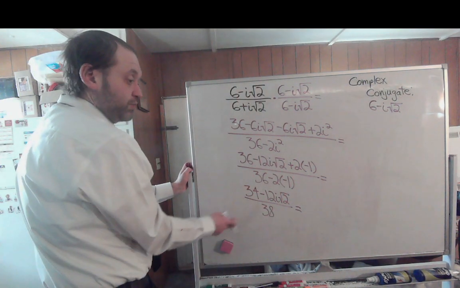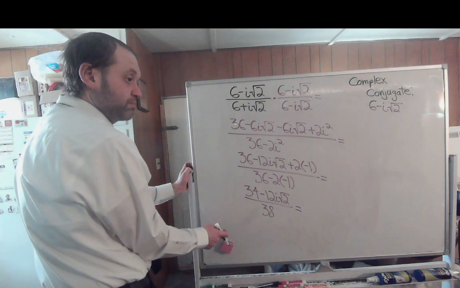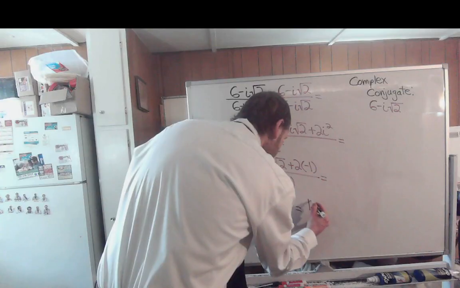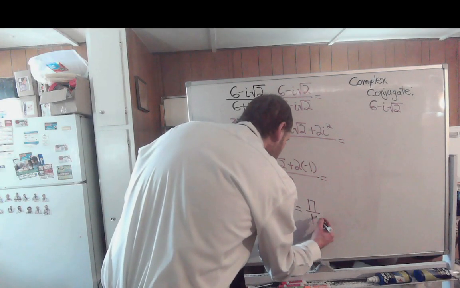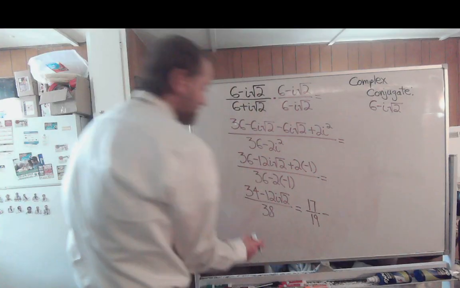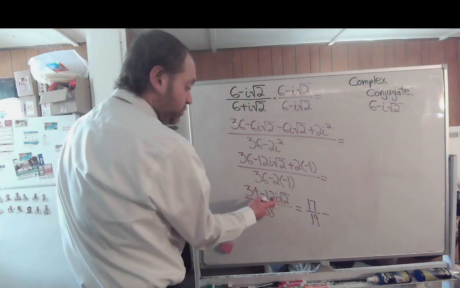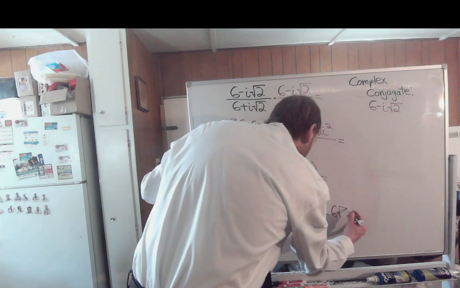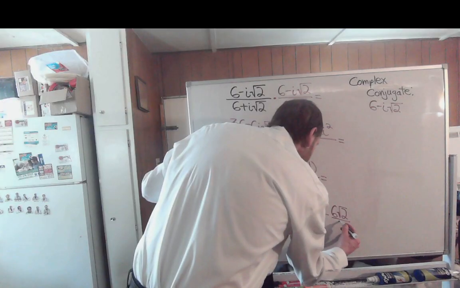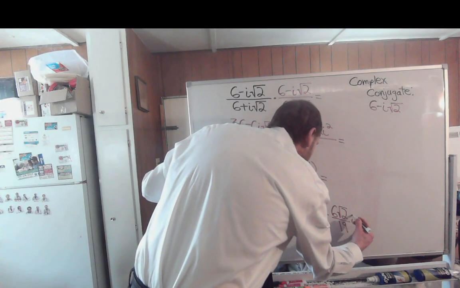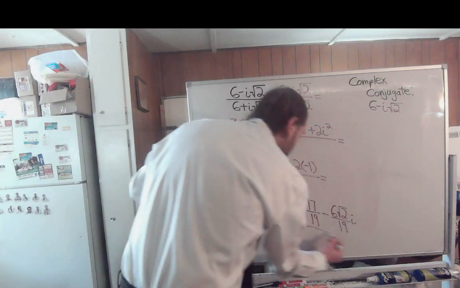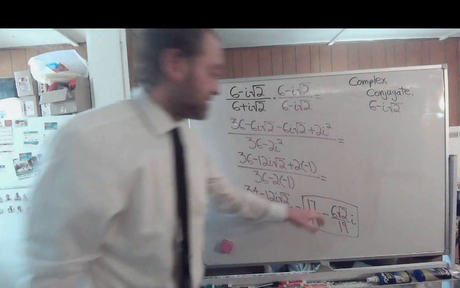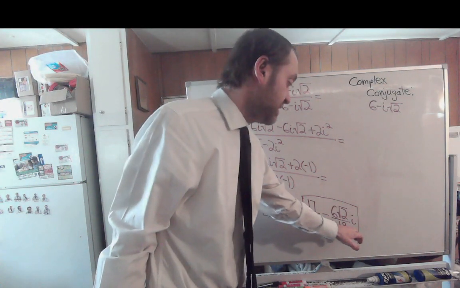So for the real number part of the complex number, 34 over 38 reduces to 17 over 19. Minus, that would be 6 times the square root of 2 over 19 times i. So the complex number in standard form would be 17/19 minus 6 times the square root of 2 over 19 times i.